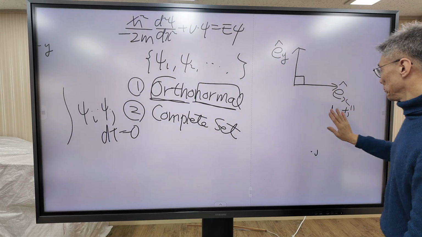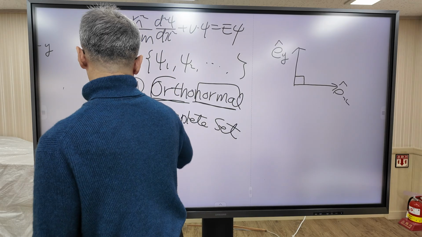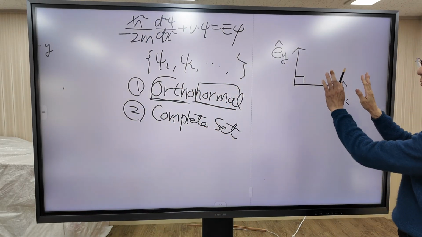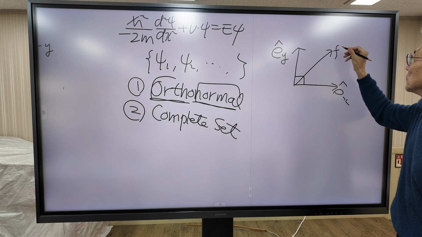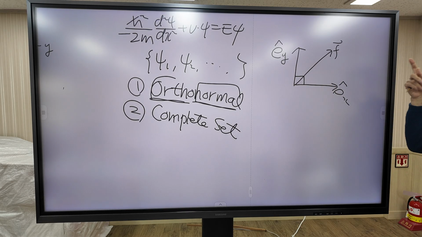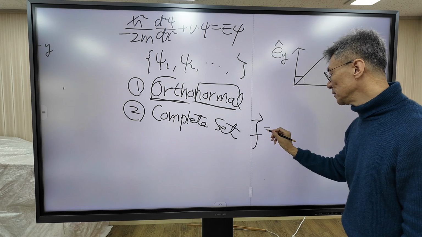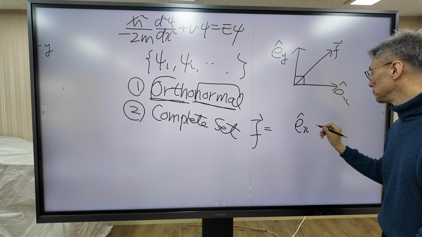And secondly, the complete set. This term is also used in vector analysis. In this two-dimensional case, there is an arbitrary vector f. According to mathematicians, the vector f can be expressed as a linear combination of two vectors.